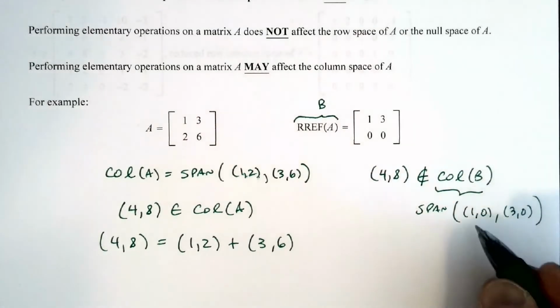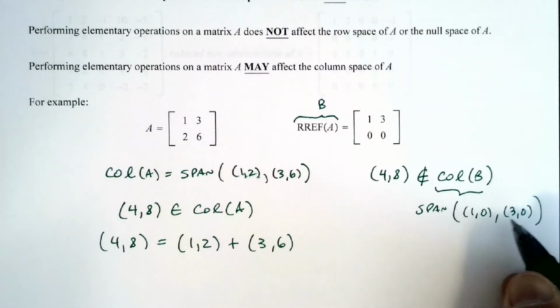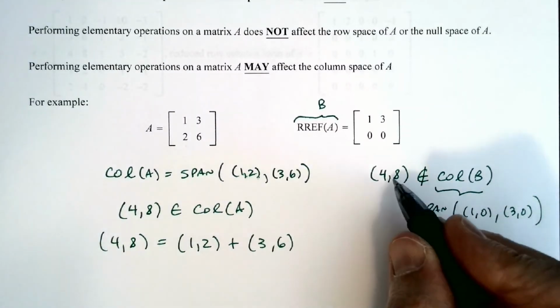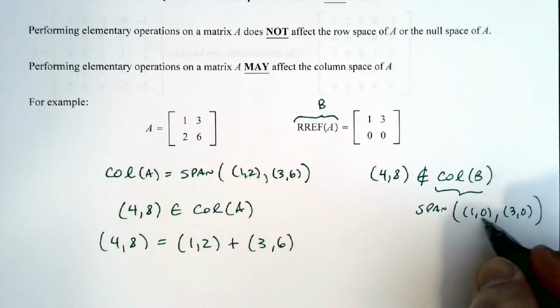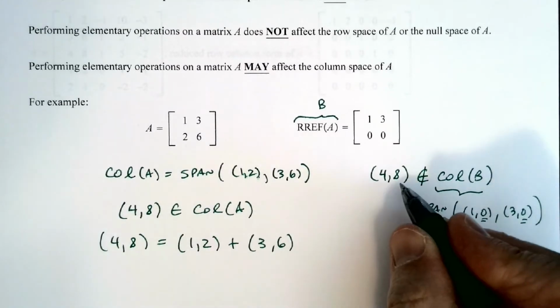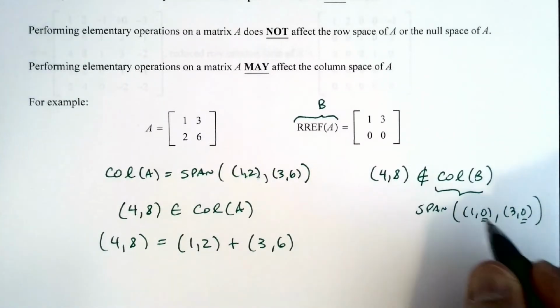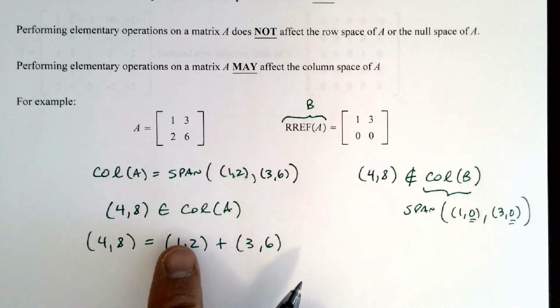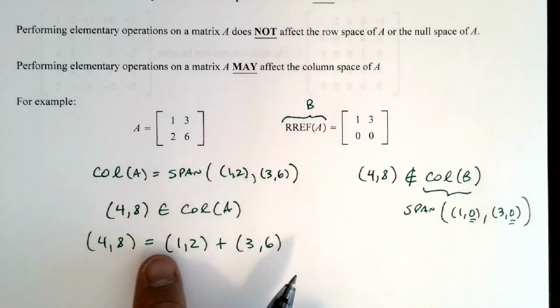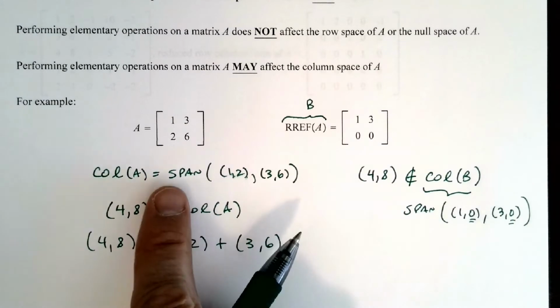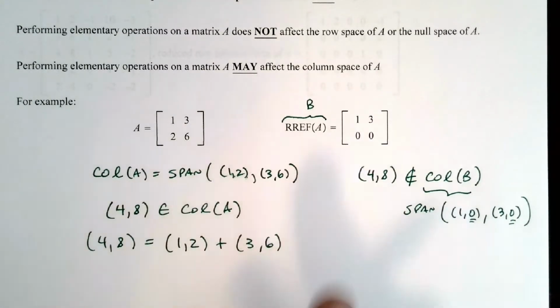Can I add any linear combination of these two vectors and get 4, 8? Am I going to be able to get that 8? No way, right? And so you see what happens is the column space can't be the same for the matrix A and its reduced row echelon form in this case.